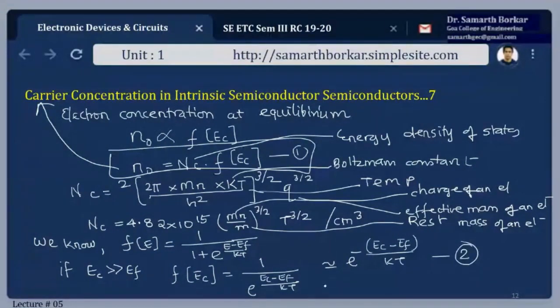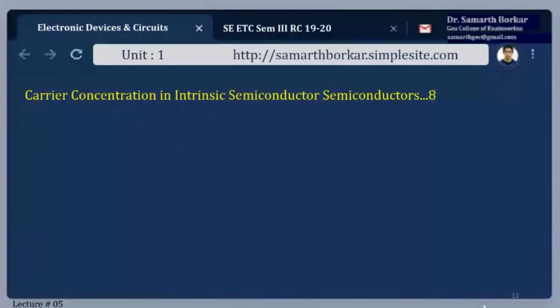Now, if we substitute 2 in equation 1, what we get is n0 equals NC, the density of states, into e raised to minus of (EC minus EF) by kT per centimeter cube. Mark this as equation 3.